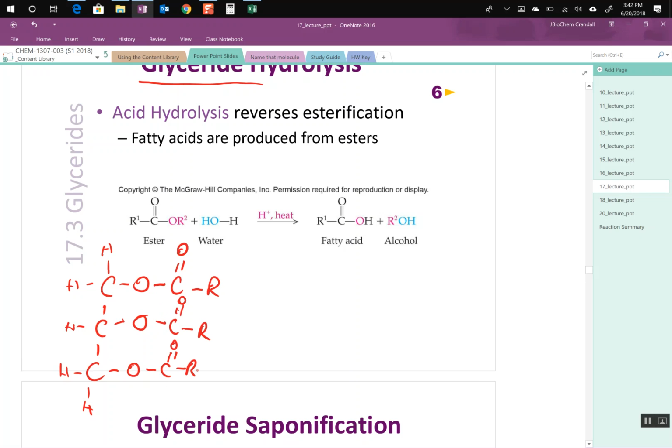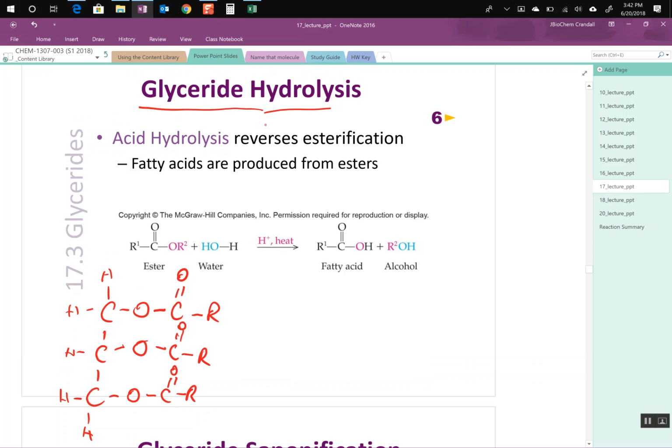Okay, but once you get that attached, you can also cause the hydrolysis of that ester group, once again using water. And in the presence of an acid, remember, we are going to form the acid. If this was a base, we would form the conjugate base. But we're using acid here, so we're going to go back to the fatty acid.